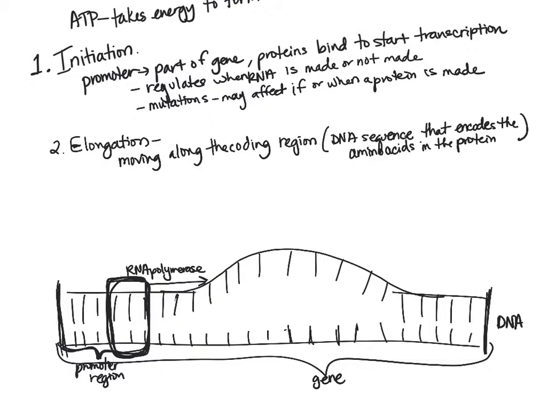So again, a mutation in this area can change the amino acid in the protein. If we change the amino acid in the protein, then the protein won't fold up correctly and it will not function properly.